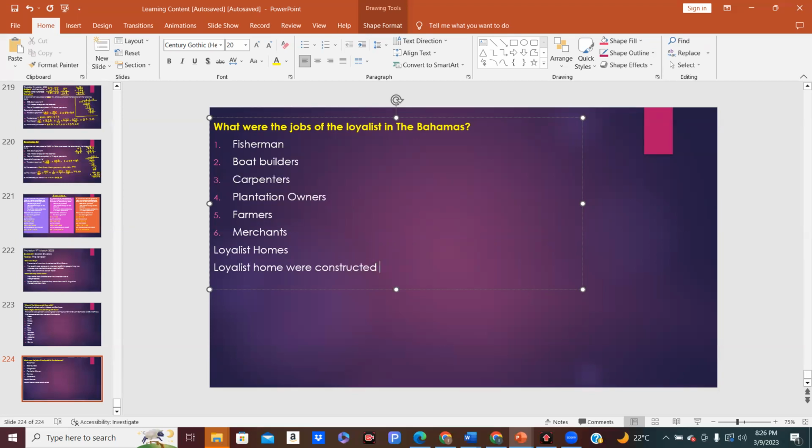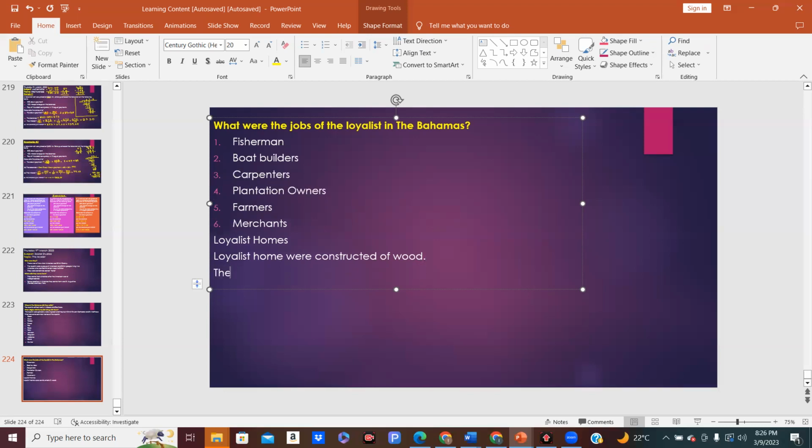They wouldn't have all types of elegant material. Loyalist homes were constructed of wood. They were typically 2-story high homes.